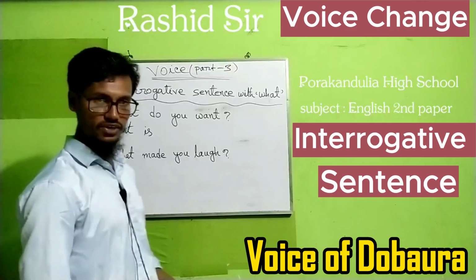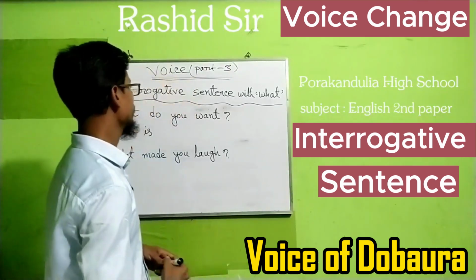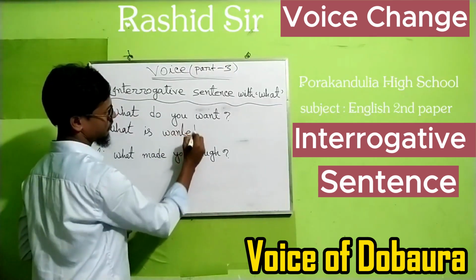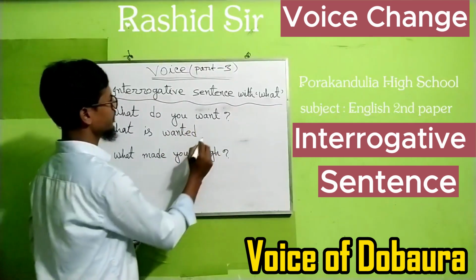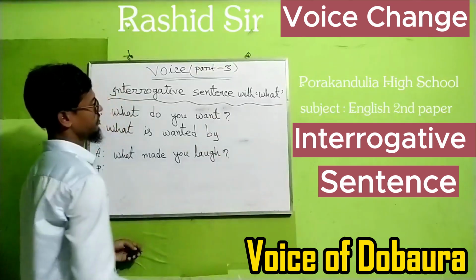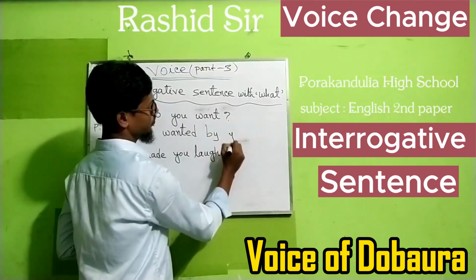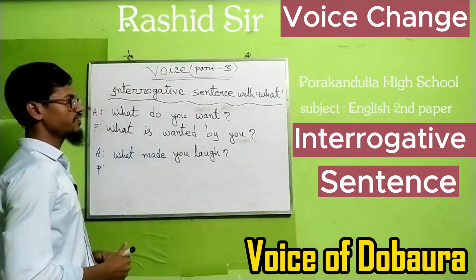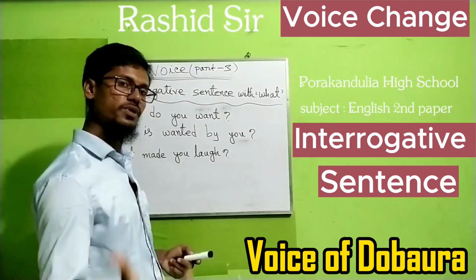Is will be used as auxiliary verb. PP of main verb, wanted. By will be used. You. Subject form you and object form is also you.